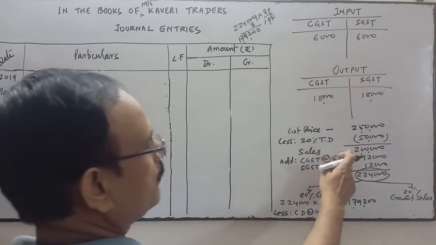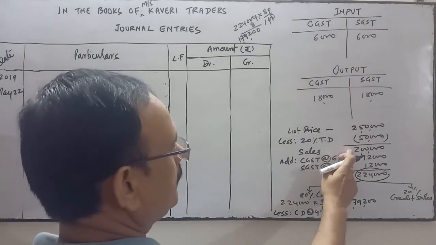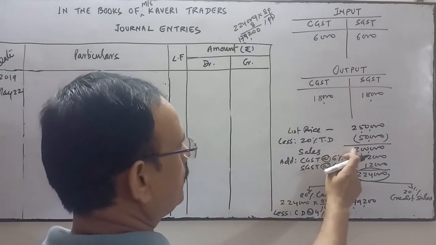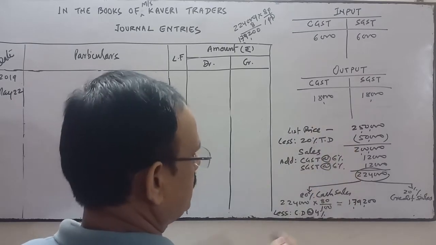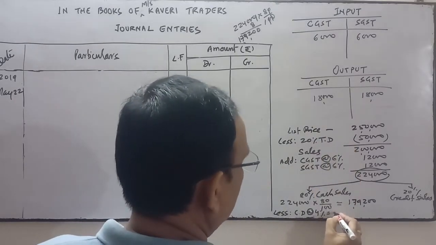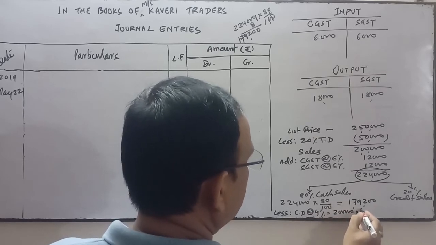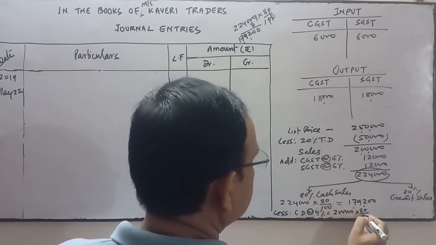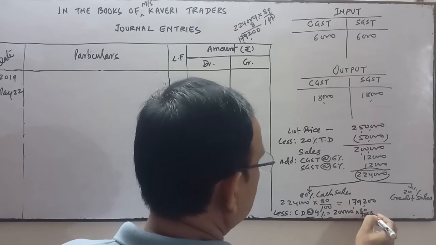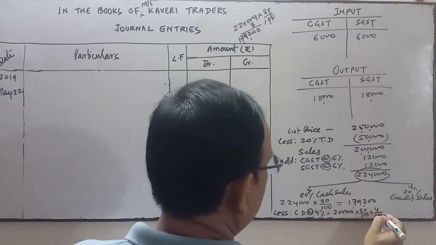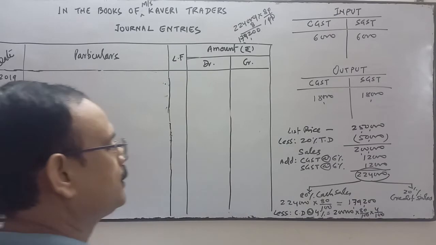First of all, 2 lakhs will be converted into 80%, so 2 lakhs into 80 upon 100, then 4% is the cash discount.